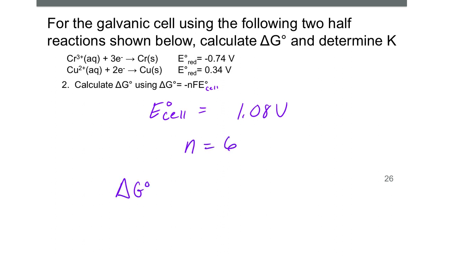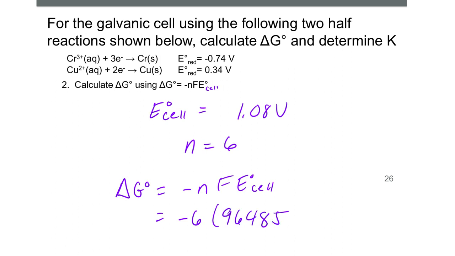And so our delta G equals minus nFE, minus 6 times, I always forget this value, 96485 coulombs per mole electrons. And then the cell potential is 1.08 volts. 1 volt is 1 joule per coulomb, so I'm going to use those units.